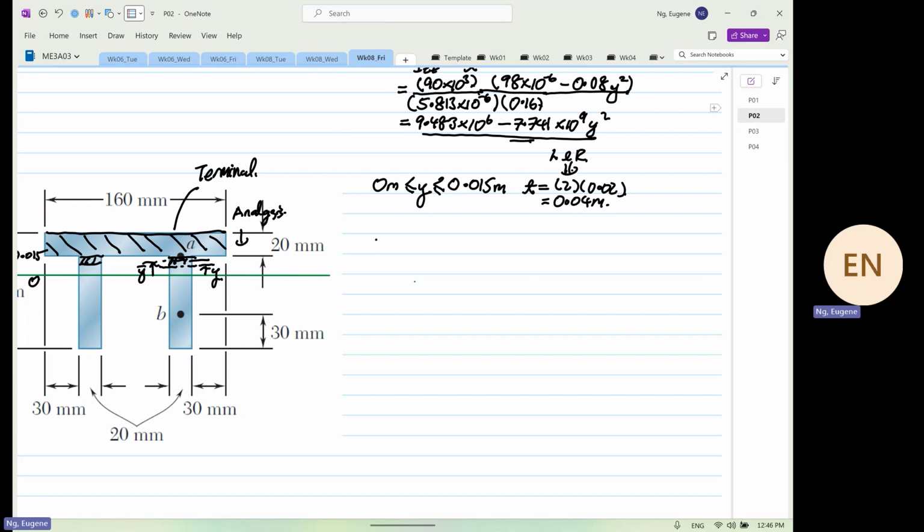So your Qz as a function of y will be equal to your Qz of your flange plus your Qz as a function of y for your web. Pretty clear. Okay. So Qz for your flange, the width is 0.16.